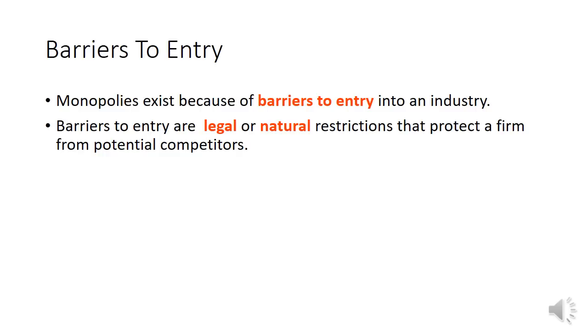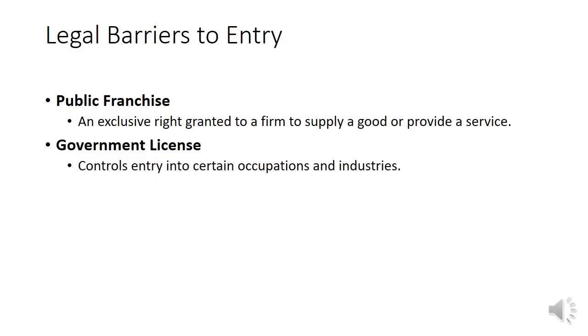Now, barriers to entry are a way to block new firms from coming in. Now, these barriers can be legal or natural. Let's take a look at what they are and how they prevent new firms from coming in. Now, if it's a legal barrier, it could be in the form of a public franchise, where an exclusive right is granted to the firm to supply a good or provide a service.